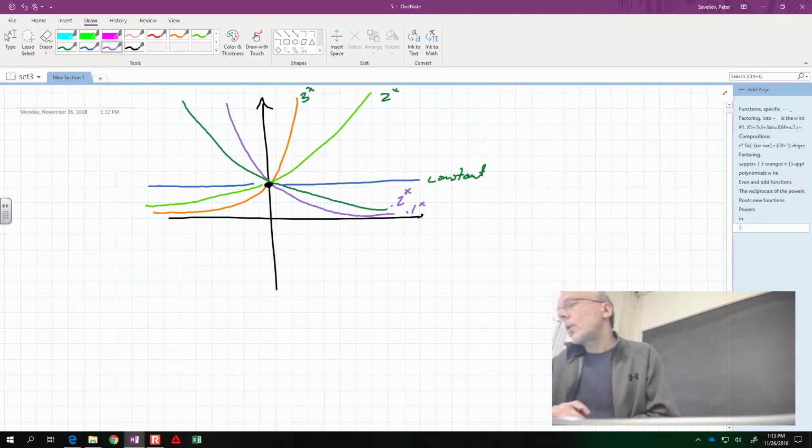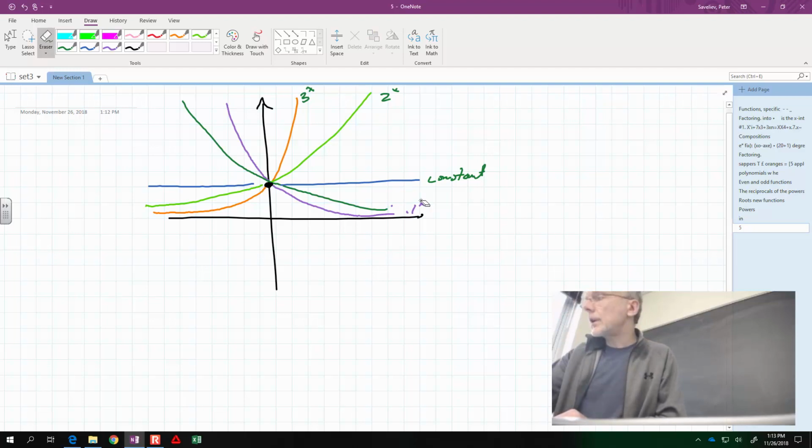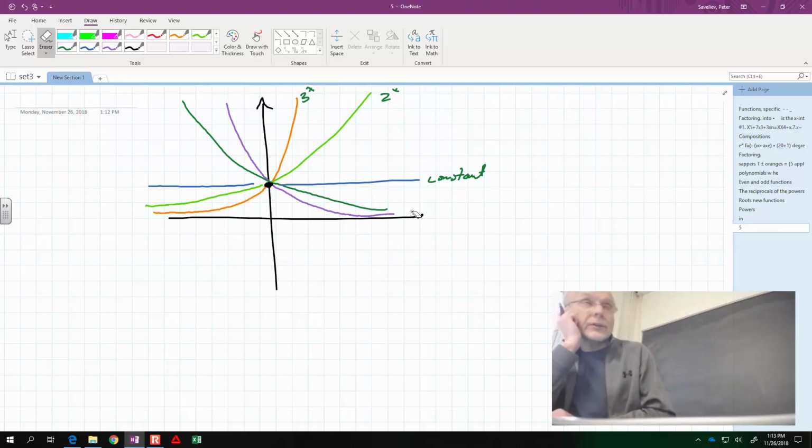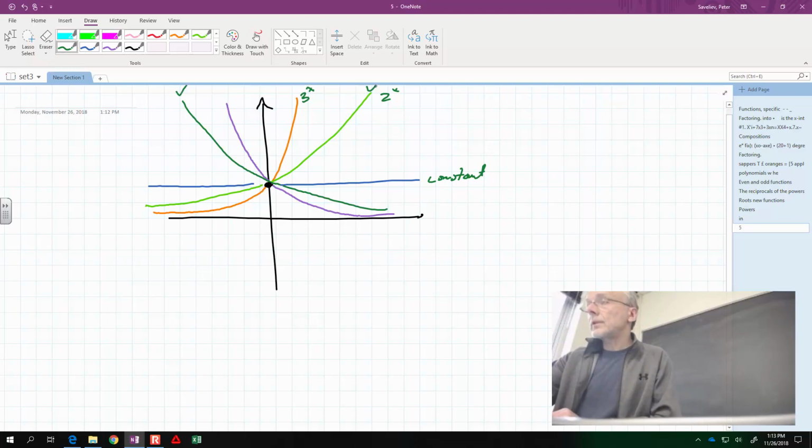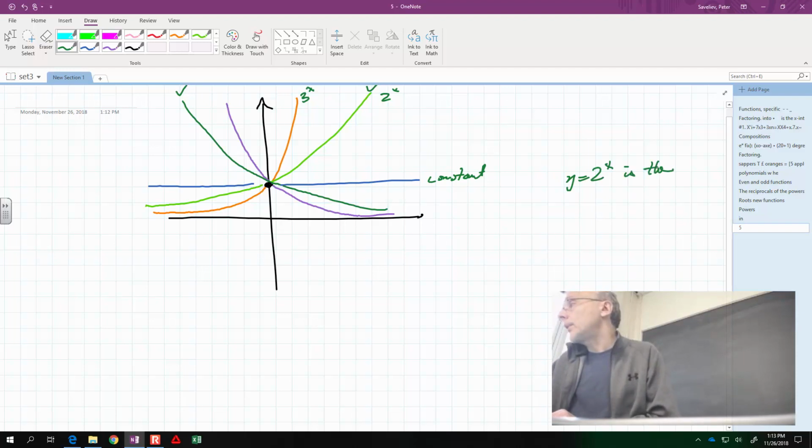Okay, so once you look at them, you already might notice some patterns in addition to increasing, decreasing behavior. Let's look at the two green ones, the light green and dark green. Do you see any relation between the two graphs? So this one and that one. They're mirrors, right. So y equals 2 to the x has a mirror image.